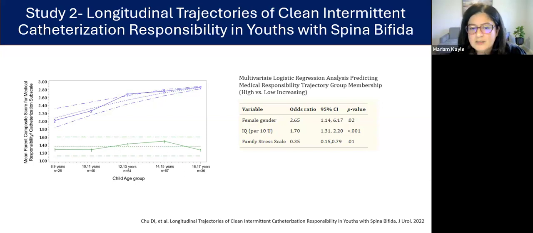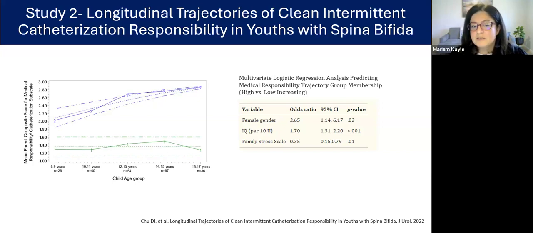Others were not. They were significant by themselves, but when put in the model, they were not. It starts to draw a picture of when is probably the right time to start teaching children with spina bifida to start catheterizing themselves. And two, it clarifies the expectation that not every patient will be able to do it independently.